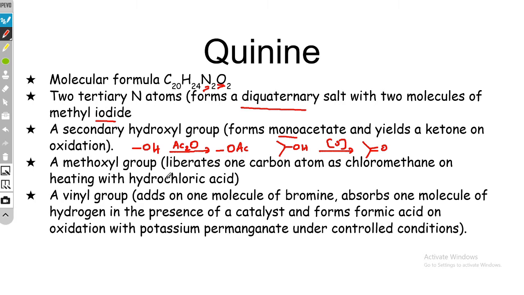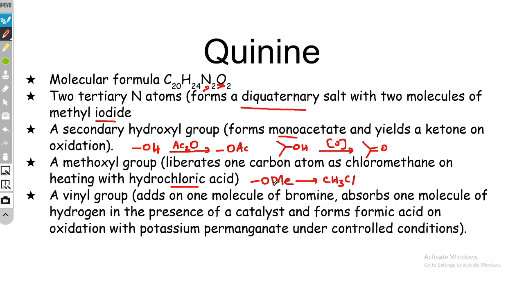Then it is found that this quinine molecule, when heated with HCl, liberates one methyl chloride, CH3Cl, or chloromethane. Okay. So what is the indication? It indicates the presence of one methoxy group.